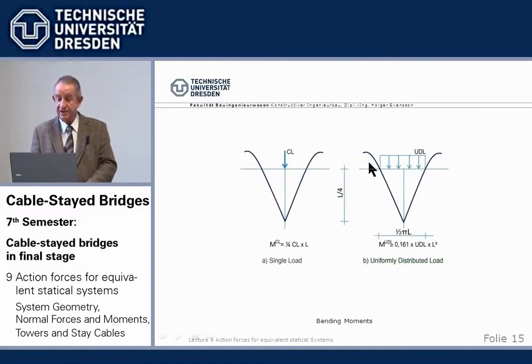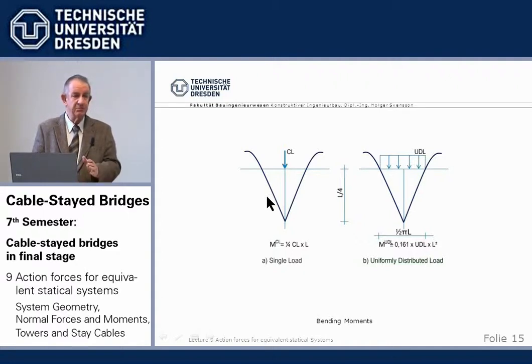And if we want a uniform load, the moment of a uniform load on the cable stayed bridge beam, then it's just, if we integrate out all these sines and cosines which are there, 0.161 times the UDL, uniform distributed load, times this L squared. That's all. With these two formulas, we can calculate all the beam moments of a cable stayed bridge.